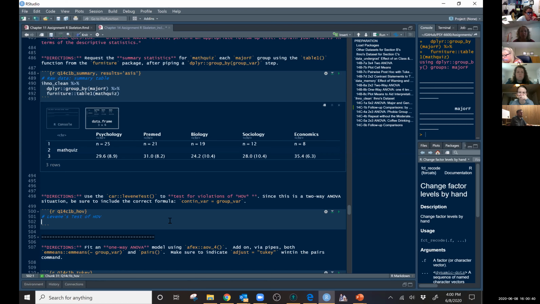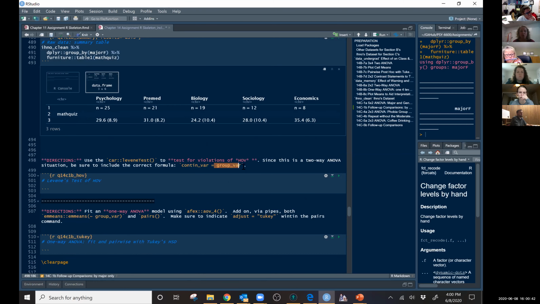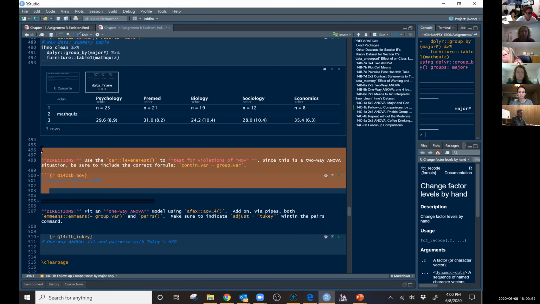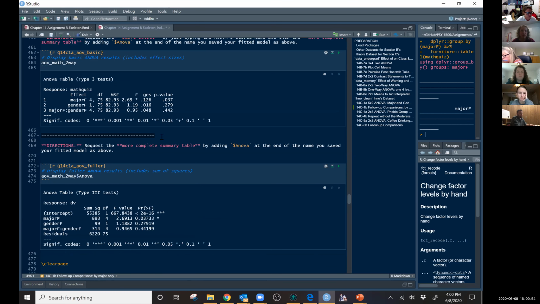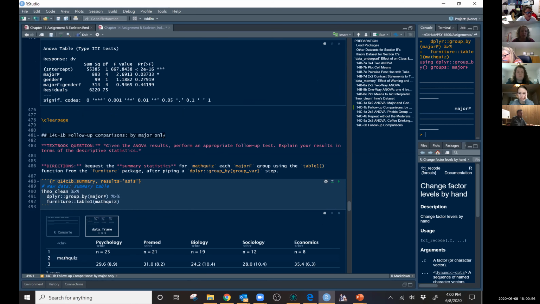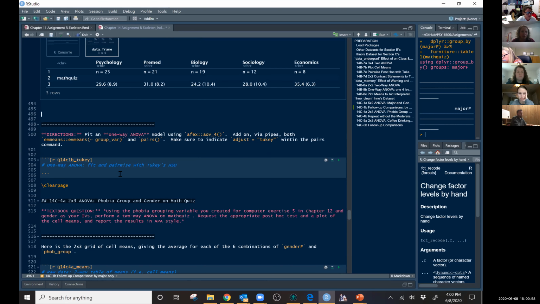This is a little redundant, so let's get rid of that. We've already done Levene's test up here. Granted, it was for all the other groups, but it should still be the same. Not significant. Okay, so we are going to do a one-way ANOVA.